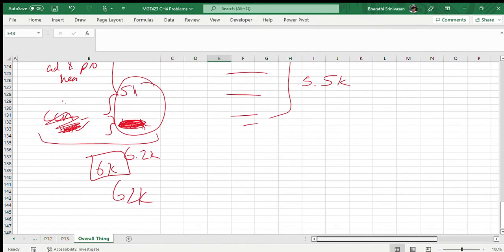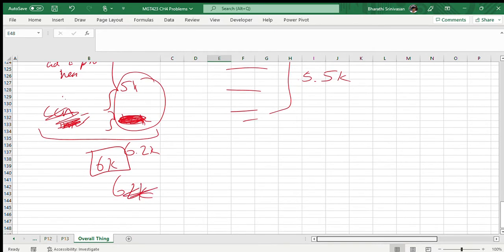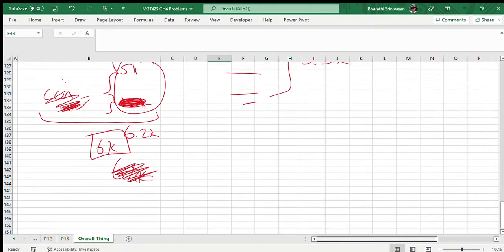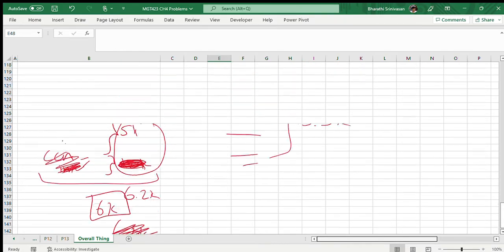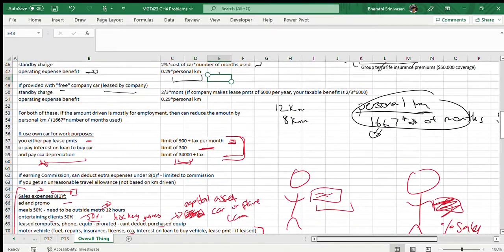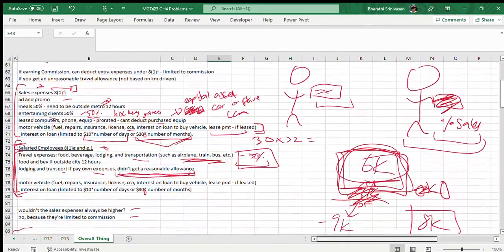Okay, I'm actually confused. Right, yeah. In this case, what you would do is deduct 5K under sales expense, and then the other 1.2 under CCA, lease and interest on automobile, as a general item.